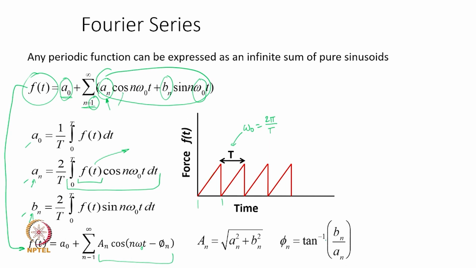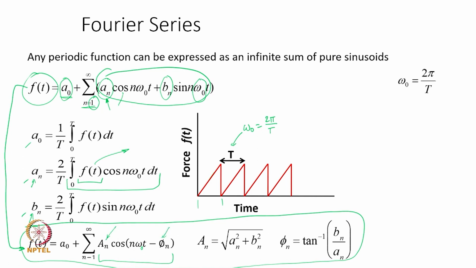So, this is something which is quite simple and straightforward. So, either you use the first one or you use this one, that is one and the same thing. It is basically the two harmonic functions are accounted for by the amplitude and the corresponding phase. As I said, omega naught is 2 pi by period of repetition.